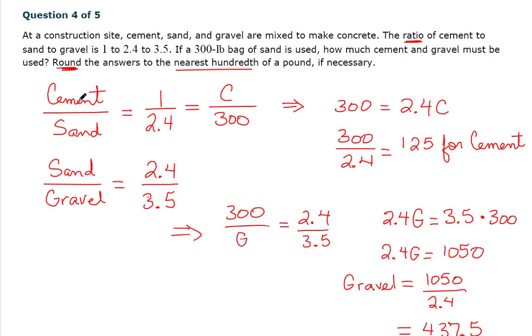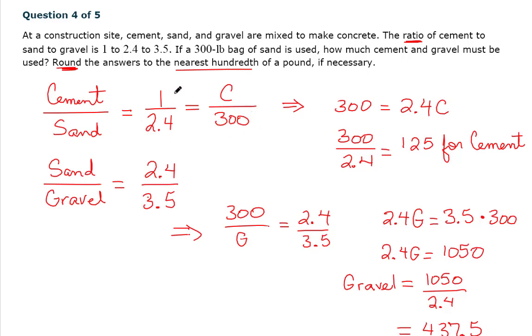So I just form cement to sand is 1 to 2.4. And so now fill in what we know and what we don't know. So 1 for the cement, I don't know how much will go. For the sand, we've got 300 pounds. So I've got this ratio now.